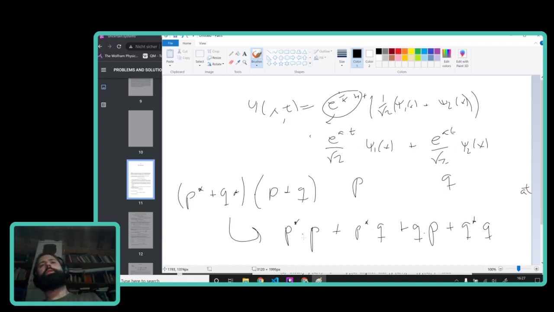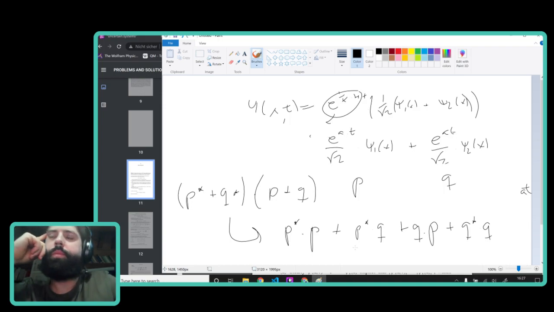I think it should give either one or zero because they don't have an overlap. It's these times its own conjugate, I don't know. I guess what I'm saying is it should be one, to be honest.